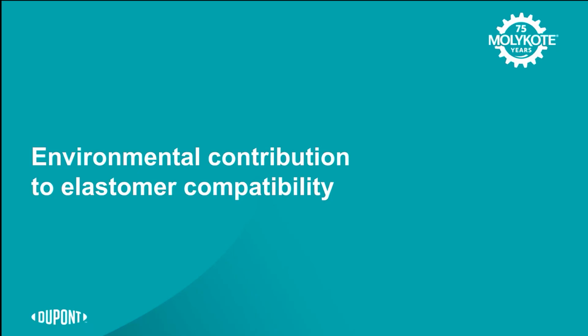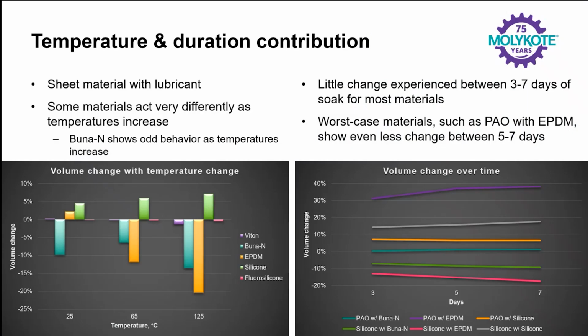So focusing in on some of the environmental contributions, two of the big ones that we evaluated were temperature and duration. So when using sheet material, we evaluated at room temperature, so around 25°C, 65°C, and 125°C to get some of the differences.